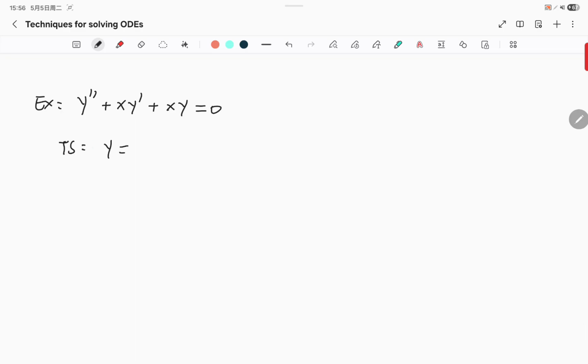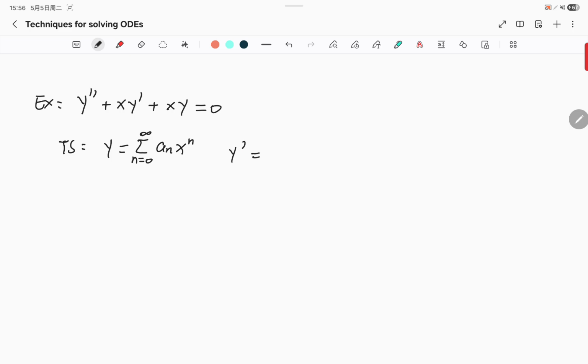which is y is equal to, instead of something simple, this is going to be a bit long. So we have the sum of a_n x^n from n equals 0 to infinity.